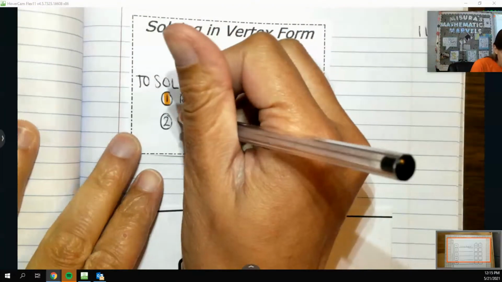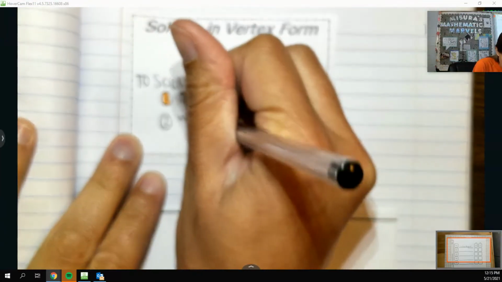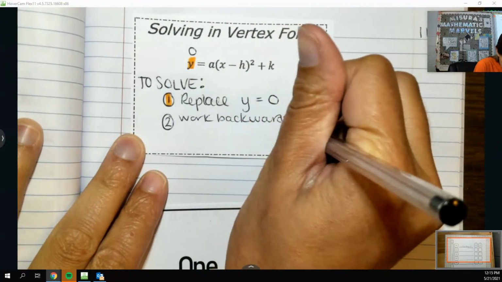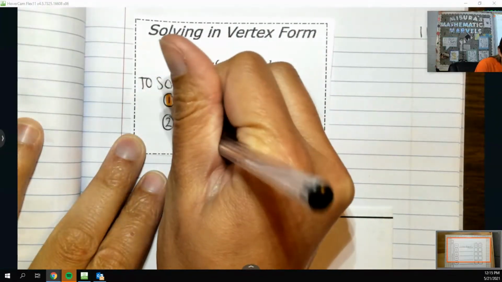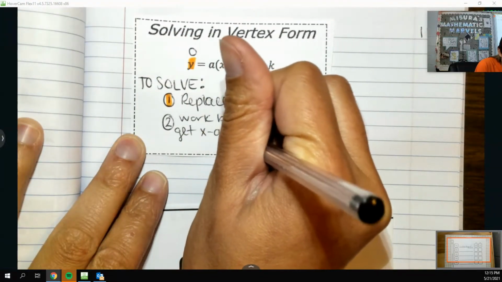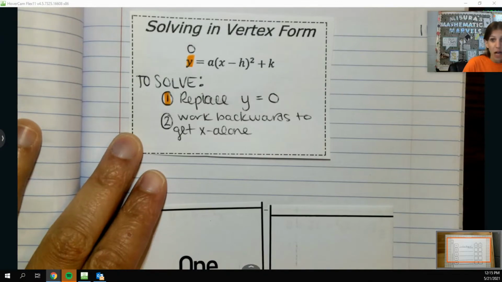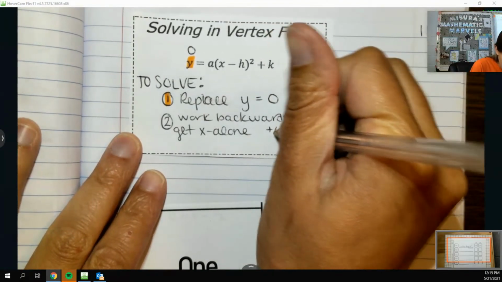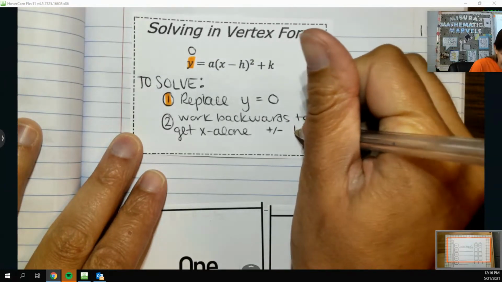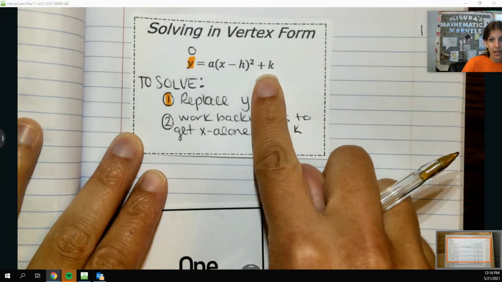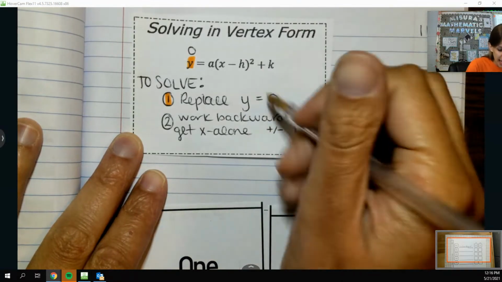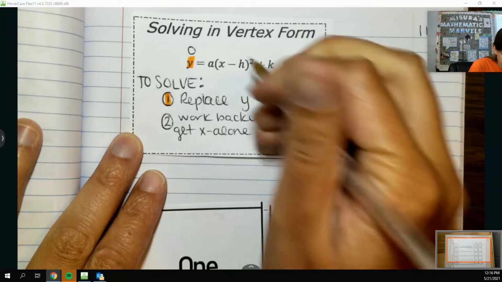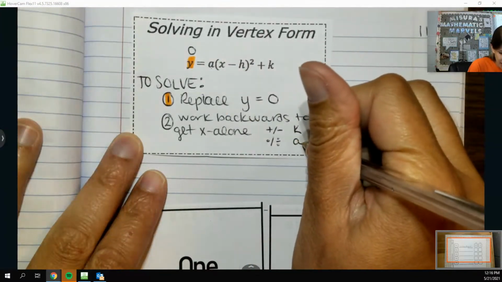So we work backwards to get x alone. And the process that you're going to follow is we are going to first add or subtract k. To get rid of k, we've got to do the opposite. Then we're going to have to multiply or divide to get rid of a.